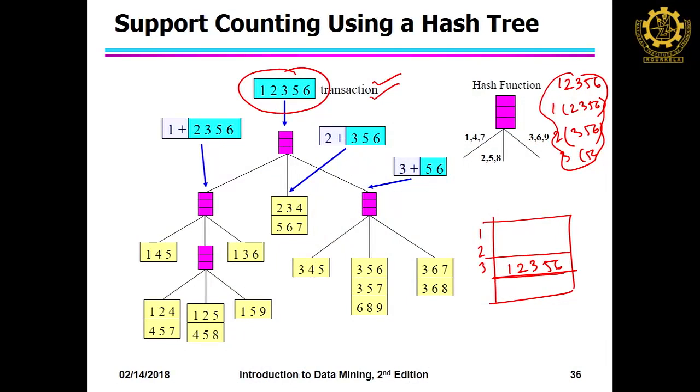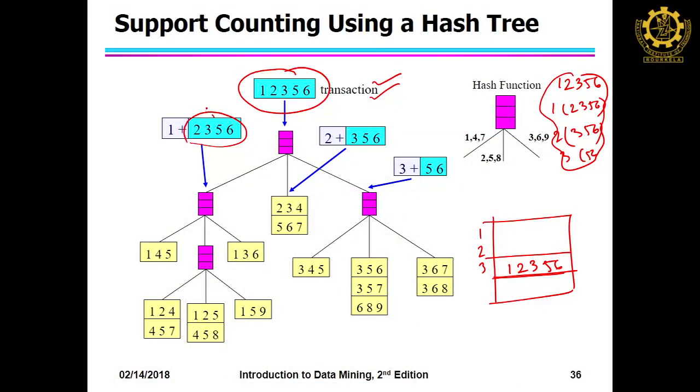First it will be 1, and then any combination from the rest. Since the length of the item set is 3, you have to take the other 2 items from here. Starting with 1, the hash function is 1, 4, 7, so it must be obtained from this position here.